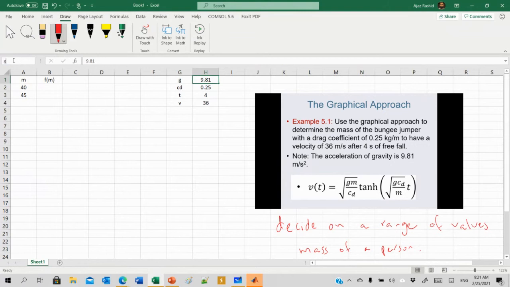I'll give the name of G. I'll give this the name of CD. I'll call this time, and I'll call this velocity.